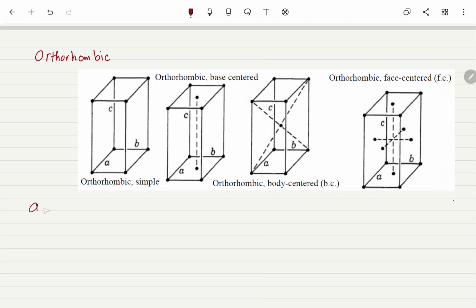So A not equal B, not equal C, but alpha equals beta equals gamma equals 90 degrees. As we can see here, there are 8 atoms on the corners, and that's it. So the number of atoms in this cell is equal to 1, because 8 corners multiplied by 1/8 is equal to 1.